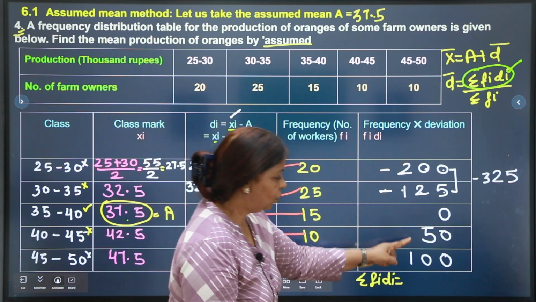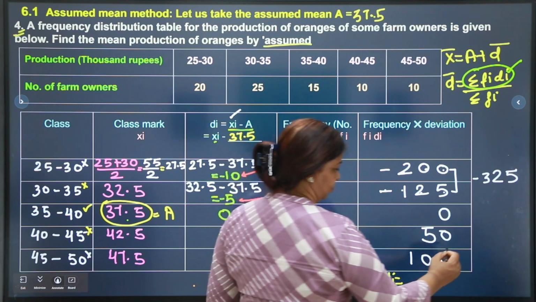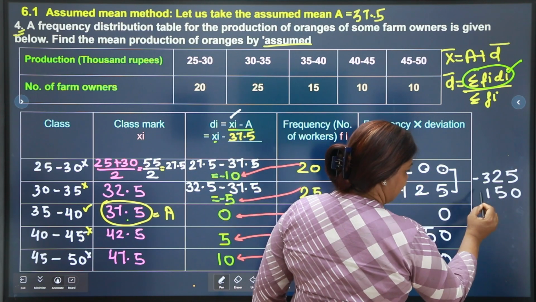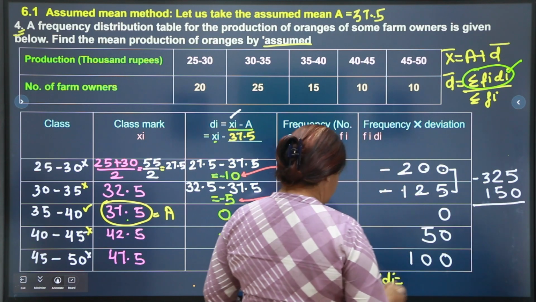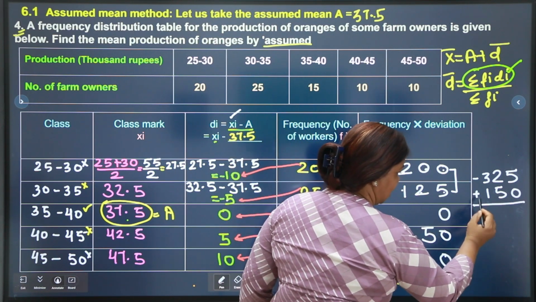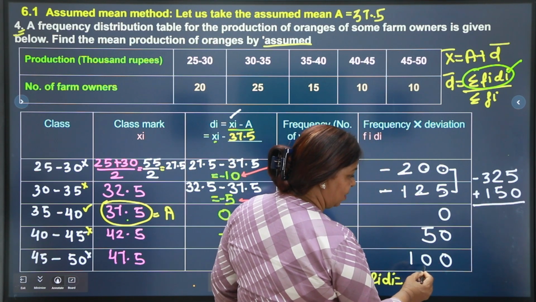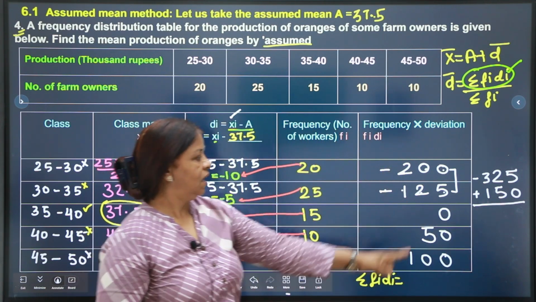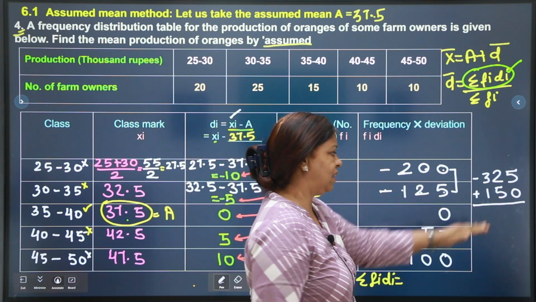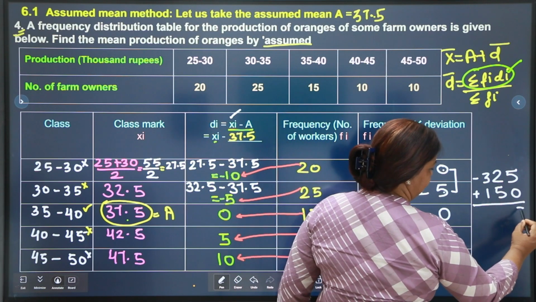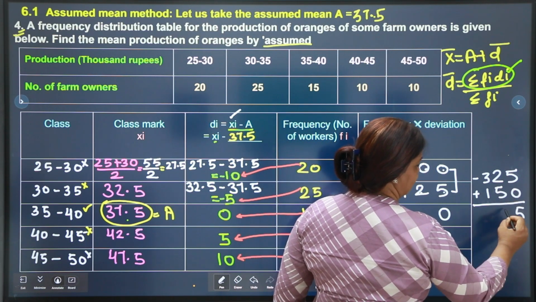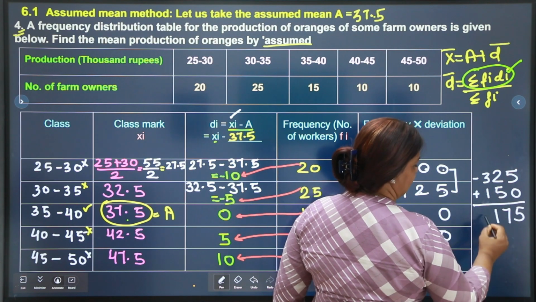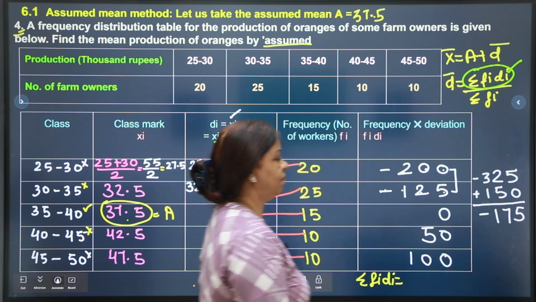Okay. Both are plus 150. So you need to subtract from minus 150, because 150 is plus na. 100 plus 50 will be 150, but that sign is plus sign and above is minus, so we have to subtract it. 5, 12 minus 5, 7, 2 minus 1, 1, that is minus 175.